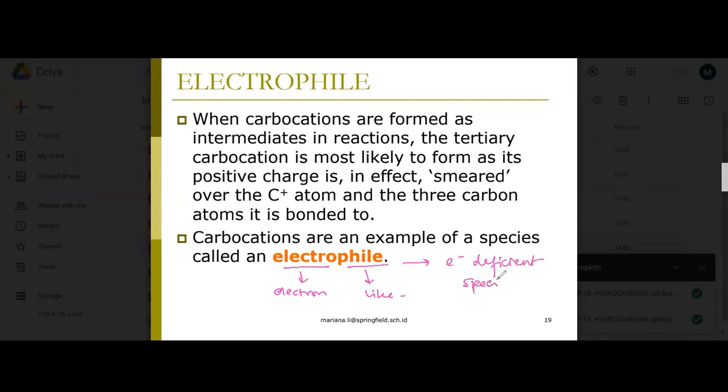Since it is electron deficient, this species will try to find electrons. So a carbocation is an electrophile since it is positive. It tries to find electrons. So this is called an electrophile.